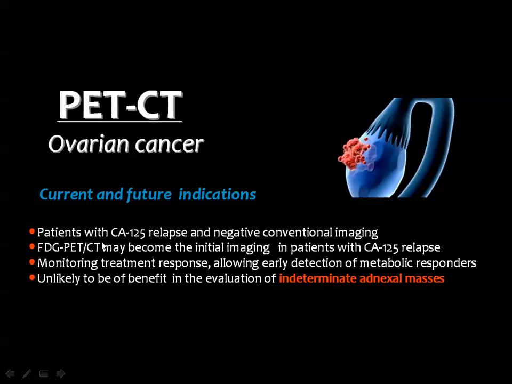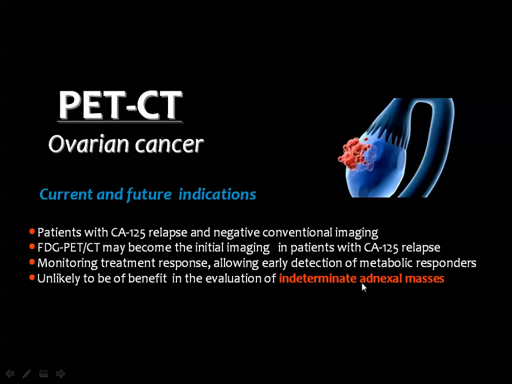And this is very important in patients with high or increasing tumor marker, CA125, and in the setting that the conventional imaging did not show evidence of local disease recurrence. Then some of the literature says that PET-CT can be used as an initial and the only way for evaluation of ovarian cancer recurrence in the setting of increased tumor markers.